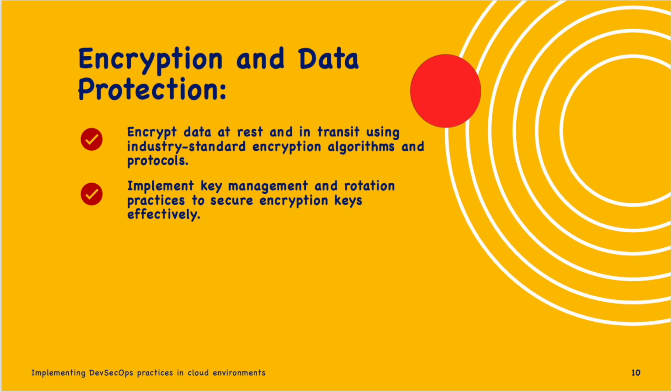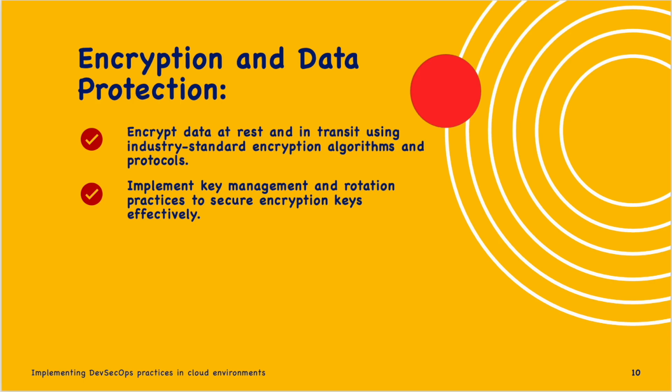So we can use encryption algorithms. What are these? Encryption algorithms are mathematical formulas used to convert plain text data into ciphertext, rendering it unreadable to unauthorized users. Industry standard encryption algorithms are widely recognized and accepted for their security properties and performance.